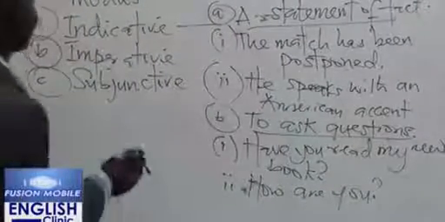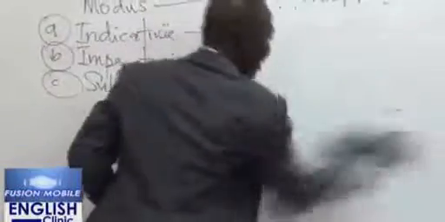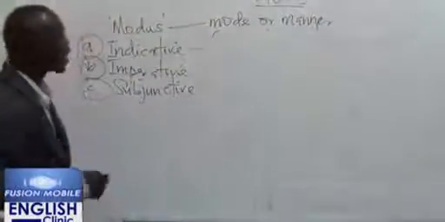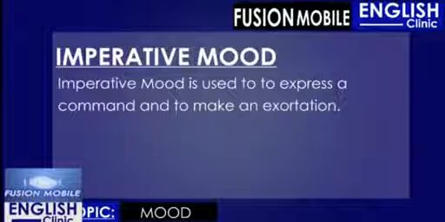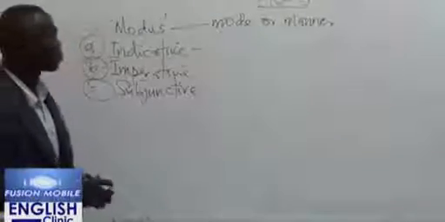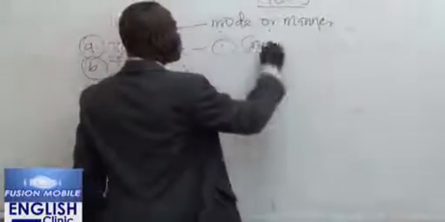Now we go to the second type of mood, and that is the imperative mood. The imperative mood is used to make an entreaty, to express a command, and to make an exhortation. Number one, it is used to express a command.